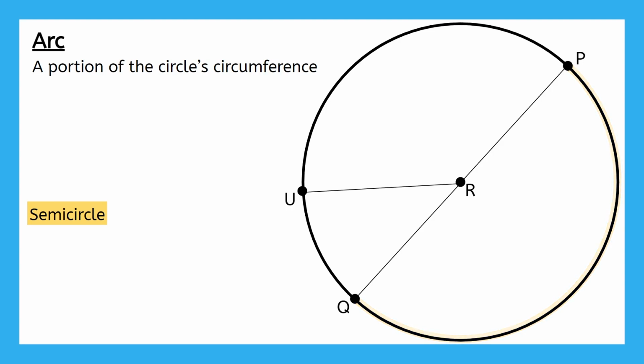Or did you mean this half? What do you think we could do to make sure people understand which half we're talking about? We can use 3 points instead of just 2. So this semicircle can be called arc PUQ or QUP. And what about this semicircle? Well, we'd actually need to have another point on here to correctly name it. So for now, let's just leave that one alone.